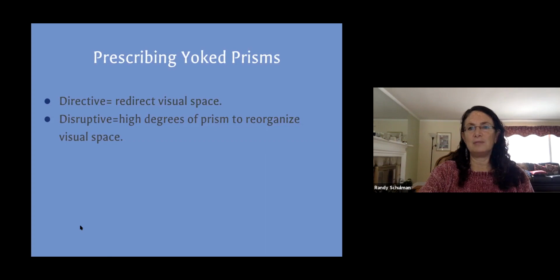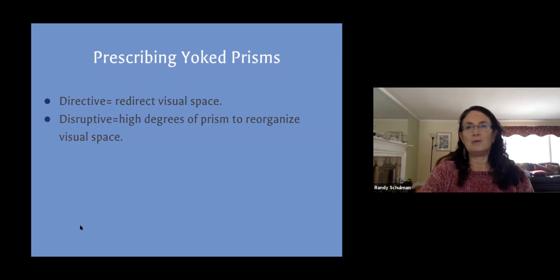So she felt that was helpful, but then it disrupted her balance. Then for balance activities and speaking, she did better with the base right. It was really interesting, but then she didn't see as well on the side, which makes sense.